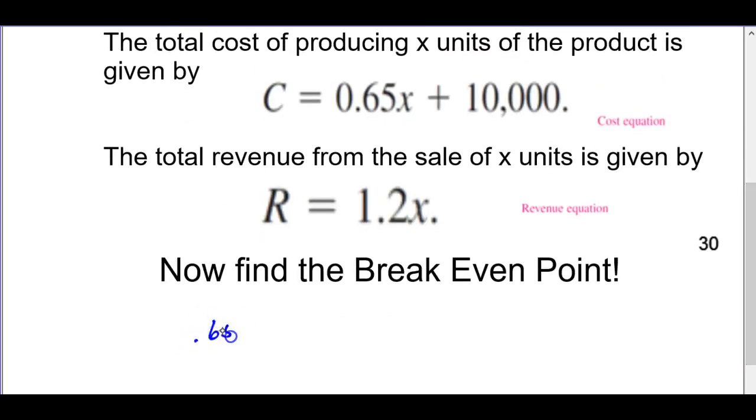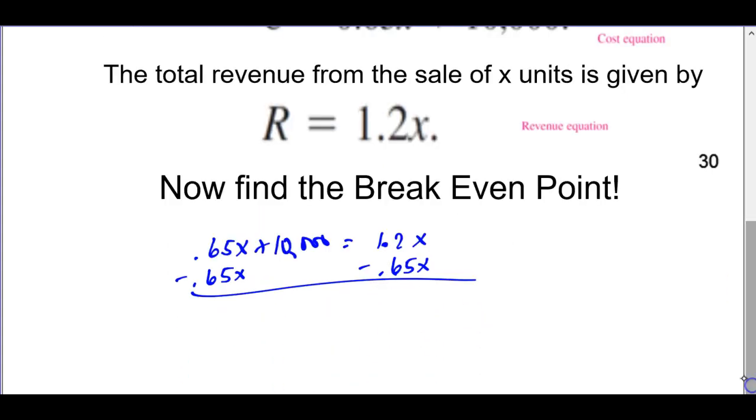So 0.65x plus 10,000 is equal to 1.2x. I'm going to subtract off 0.65x. It's 0.55x is equal to 10,000. And then I would divide through by 0.55.